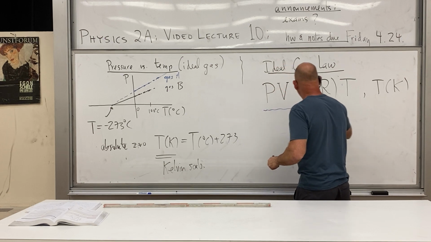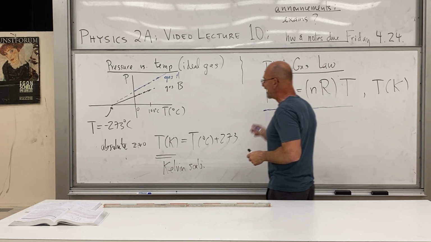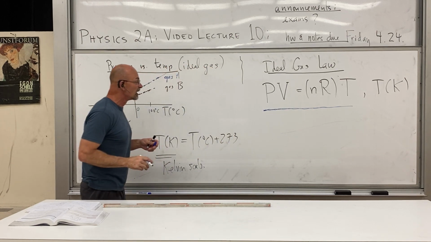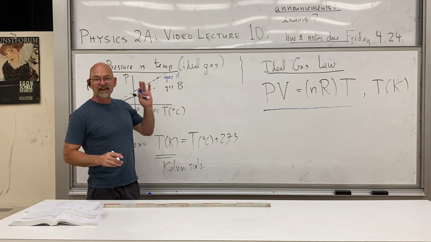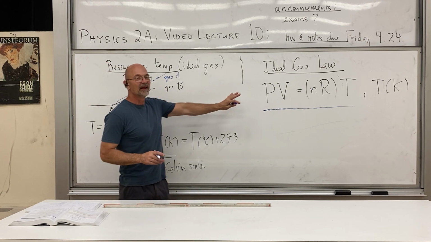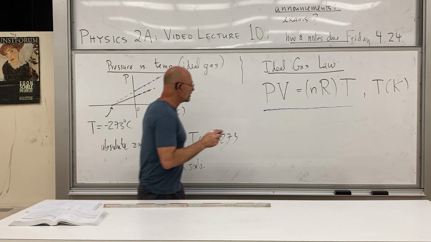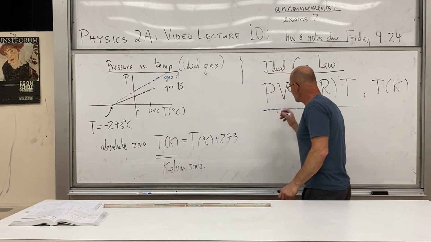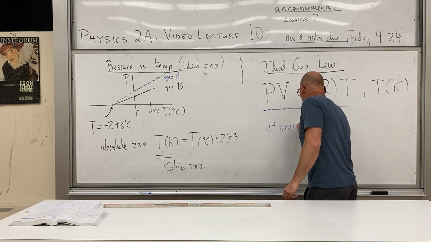Now, we'll think of this as the empirically derived law, and what we want to do is some theory to try to explain the form of this, okay? Now for that, we have to have the idea of atoms and molecules, and I'll just say atomism.